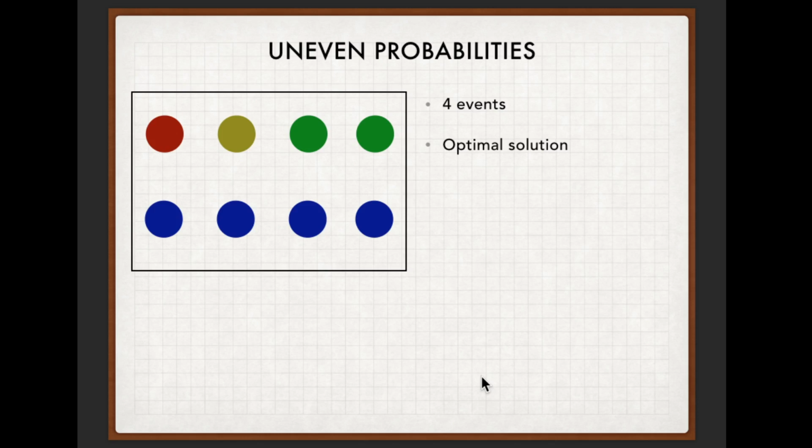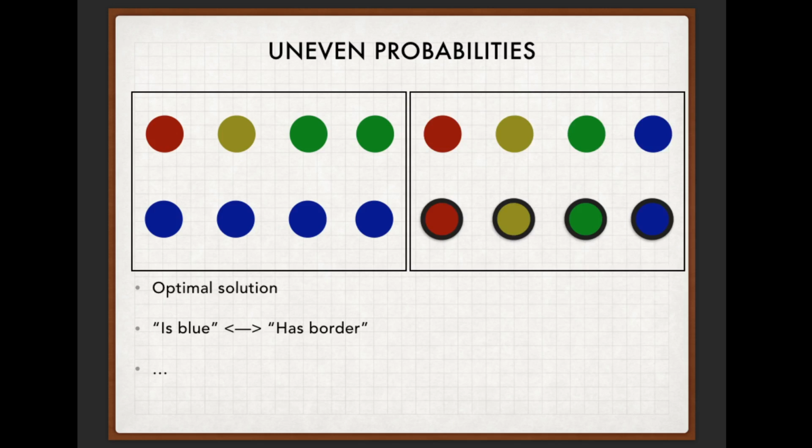So in this system, how could we design a questioning framework that most efficiently removes uncertainty? Let me draw an analogy between this system and the previous one. Look, now the information carried by is-it-blue replaces the one that in the previous system was has-border.